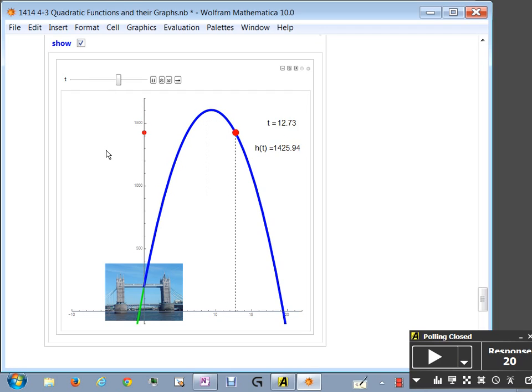This parabola shows where it left the bridge. That's the y-intercept of the parabola. Where it hits the ground is the x-intercept. And the highest point is just the vertex.